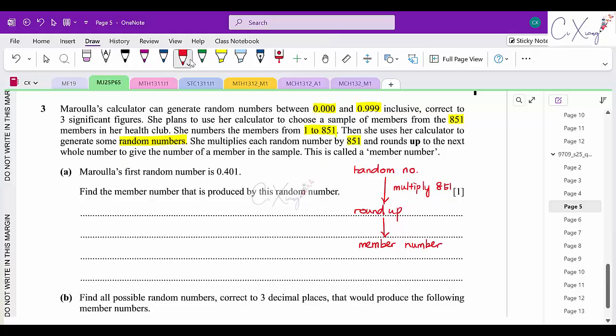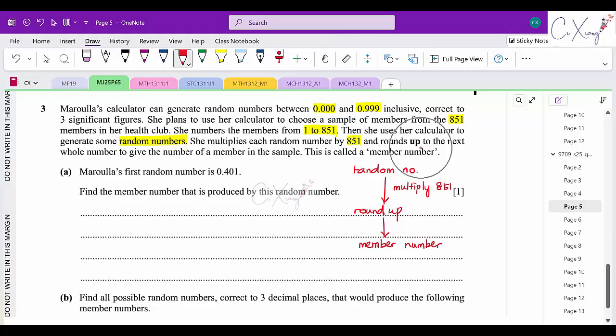So this is basically the process that you need to know. And she gets the random number from the calculator, because the calculator can generate this number. So they take the random number, multiply with 851, round up to the next whole number, to get the final member number. So that's the process for her to decide the member number.